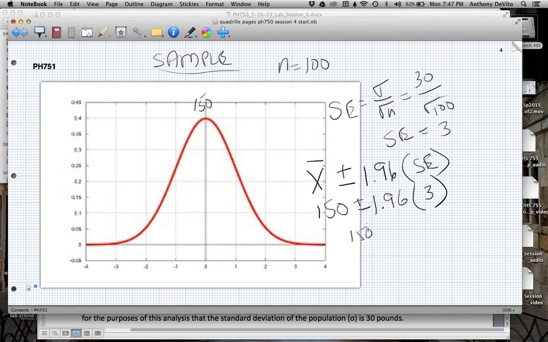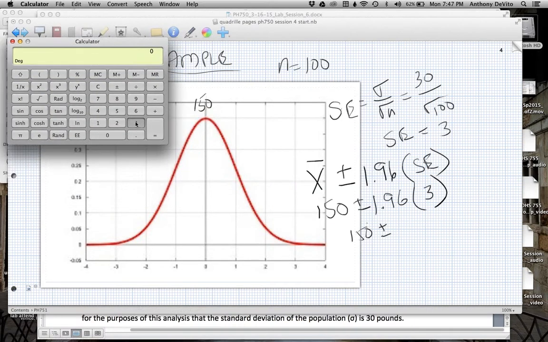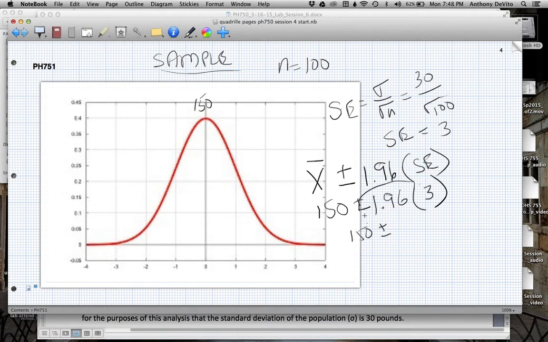So what does that come out to? 150 plus or minus, and I'll calculate this: 3 times 1.96 is equal to 5.88. I'm going to be adding and subtracting 5.88 from the 150, and I'm going to predict that my true population mean is between 150 minus 5.88 and 150 plus 5.88.